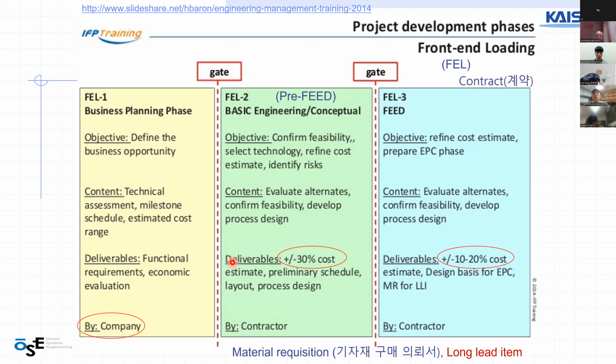Deliverables are rough cost estimates, preliminary schedule, layout, and process design. This part is done by the contractor. And the third phase is FEED. In this phase, you refine and modify things done before to be more concrete, like this.